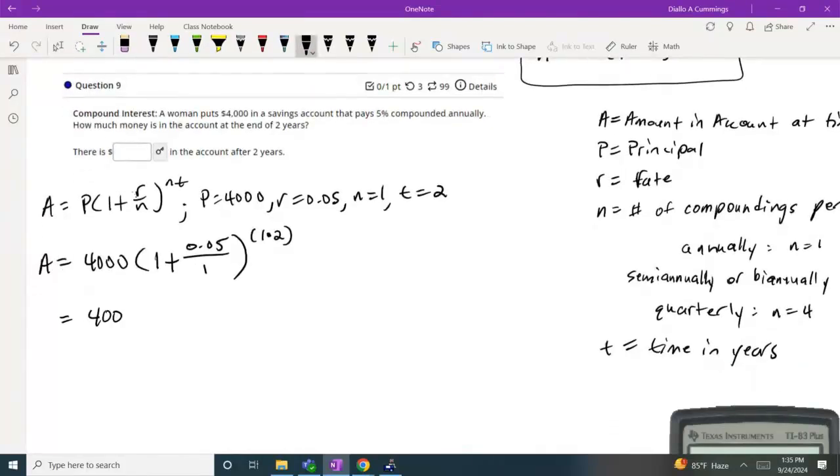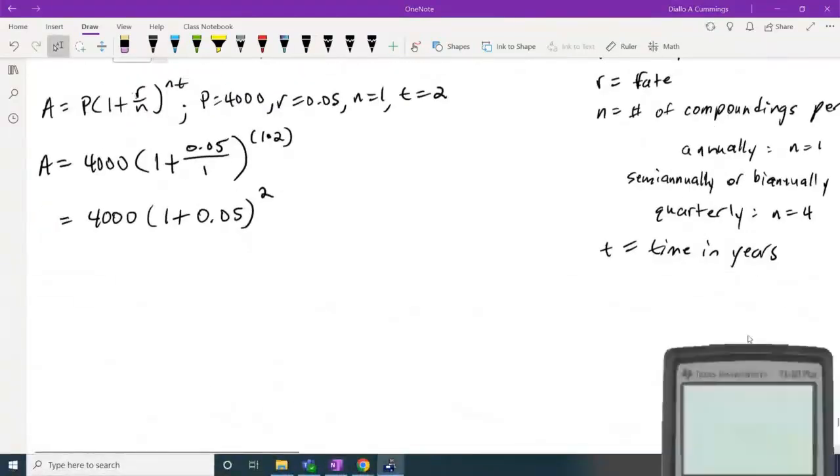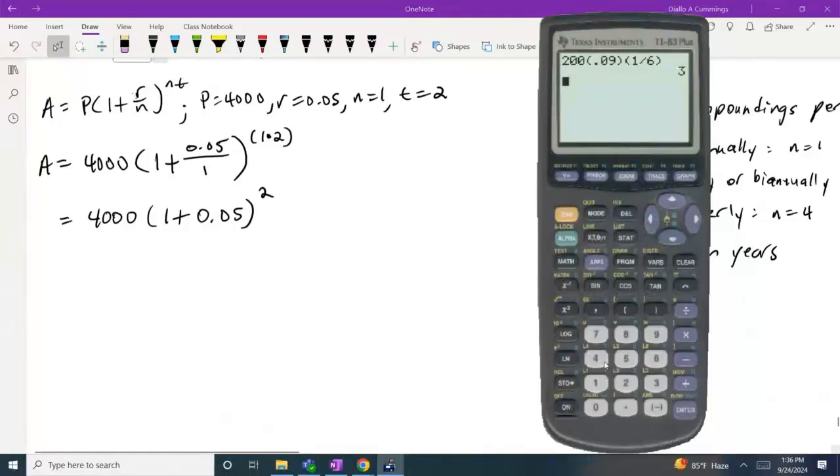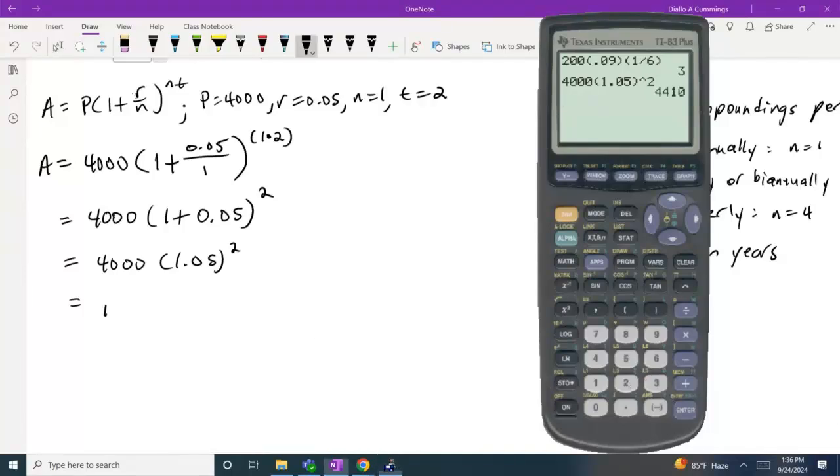If I simplify this a little bit, this should be 4,000 times 1.05 raised to the second power, and you should get $4,410.